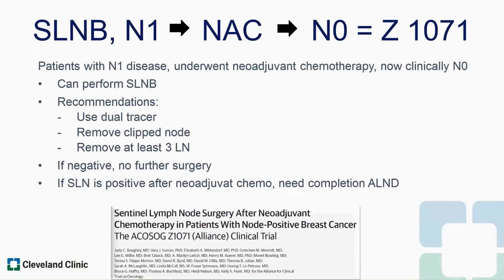If that lymph node that was initially biopsied positive for metastatic cancer is now negative, no further surgery is recommended. You don't have to do an axillary lymph node dissection. If those sentinel node or nodes continue to be positive pathologically after neoadjuvant chemotherapy, that patient has residual disease and needs a completion axillary lymph node dissection.